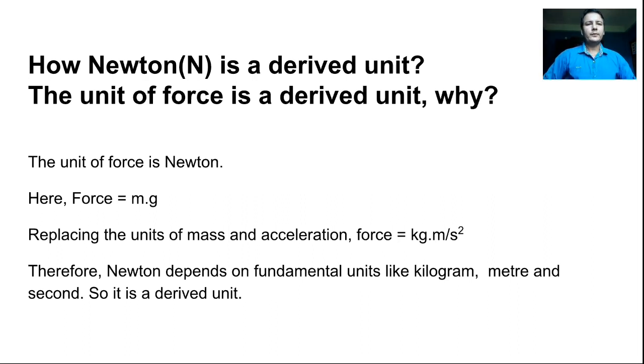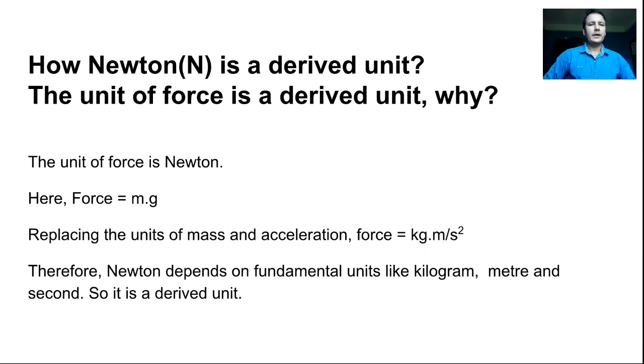The unit of force is Newton. Now, in Newton, which fundamental units are involved? You have to show them. Here, force equals mg, the formula of force, mass times acceleration due to gravity.